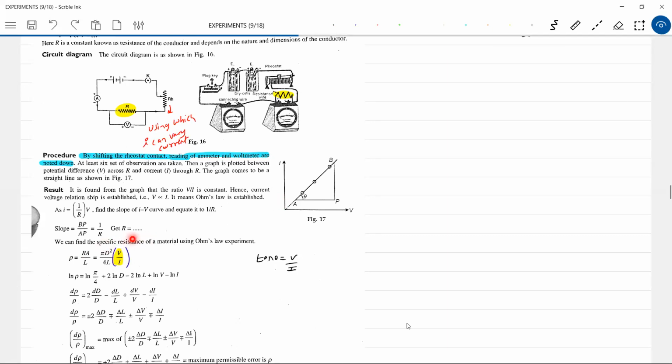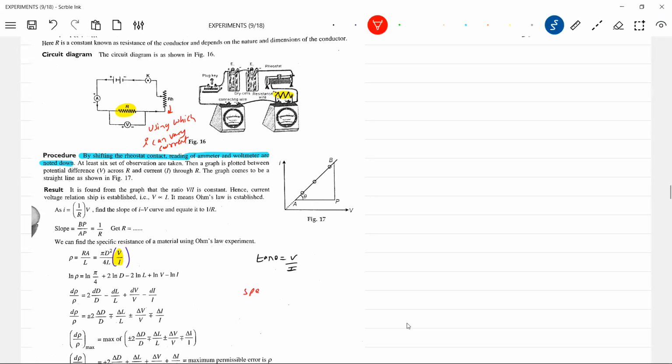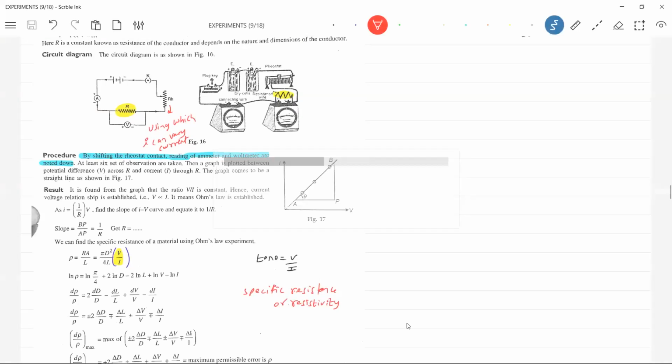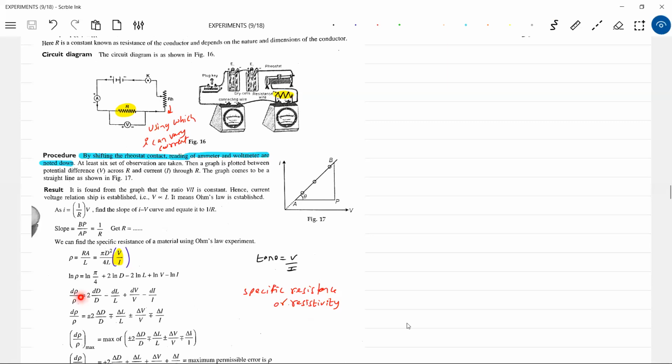Specific resistance is also called resistivity, either one. For the relative error, d rho by rho, I think this comes from error analysis. We'll put it like this here.